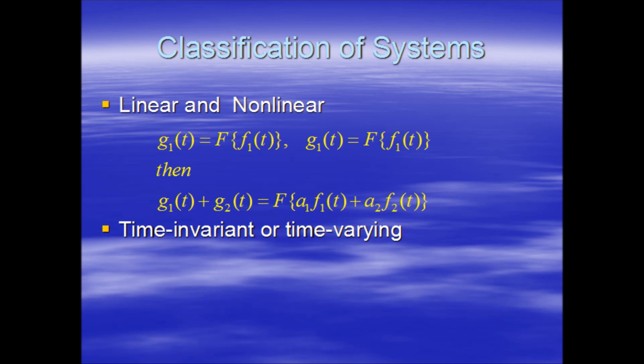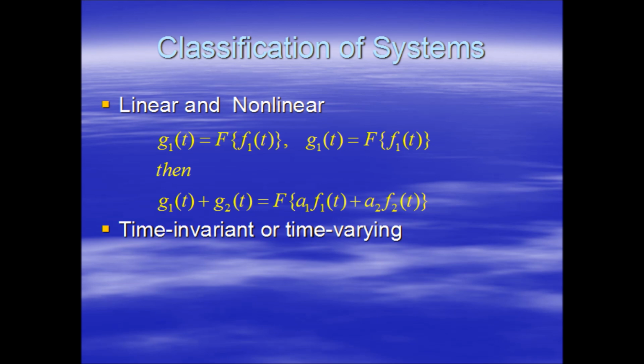It means that if you add two signals as the input to the system, the output will also be the addition of the two outputs from the previous input signals. Second, we call it scaling. If your input signal is amplified by A times, the output will be amplified by exactly the same factor A. So this kind of system is called linear.